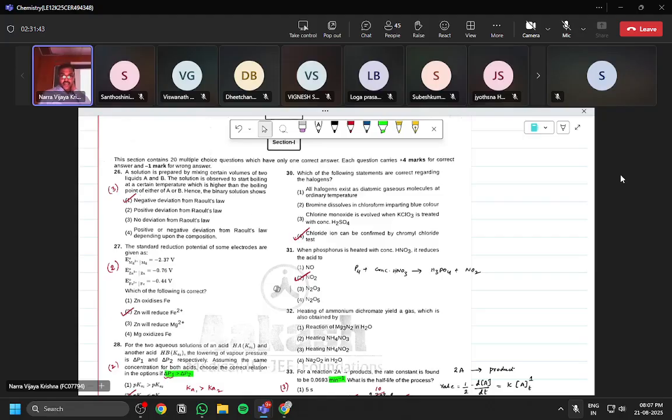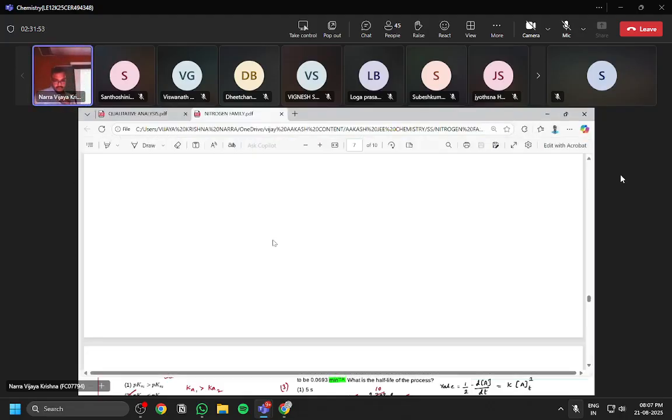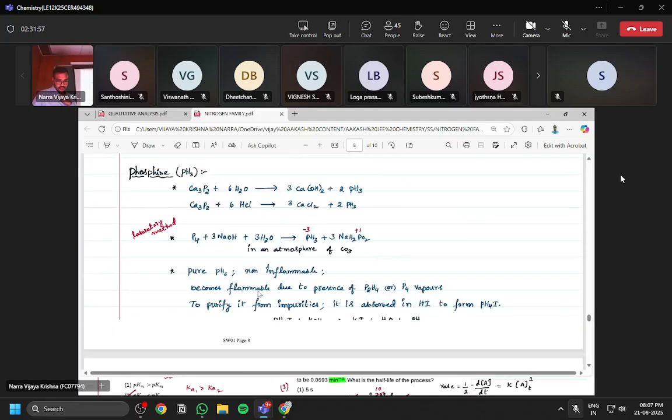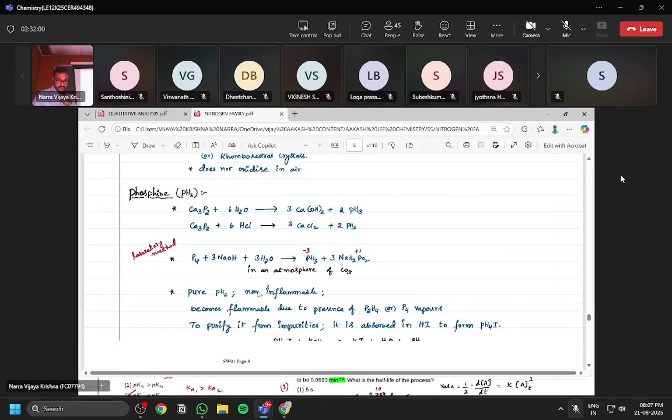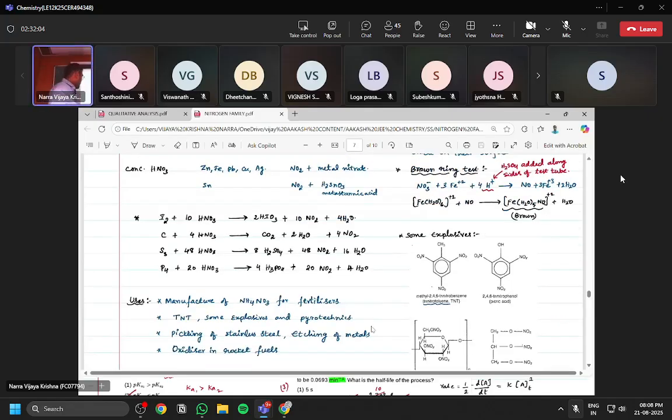Let me show this reaction also. P block, nitrogen family. See this? P4 with HNO3 forms H3PO4 plus NO2.